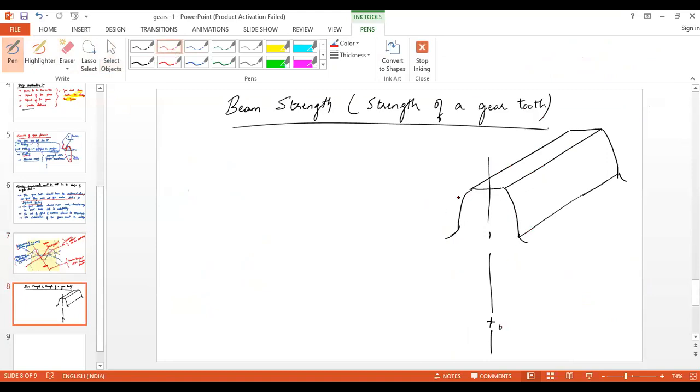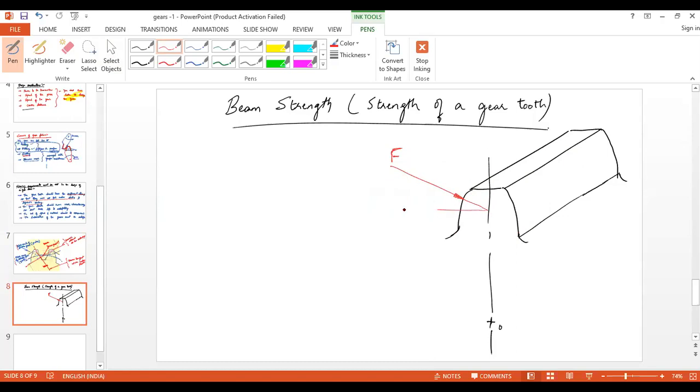So this is the direction of load, that is F. F is the load acting on one gear tooth, and we can resolve this into horizontal and vertical components.